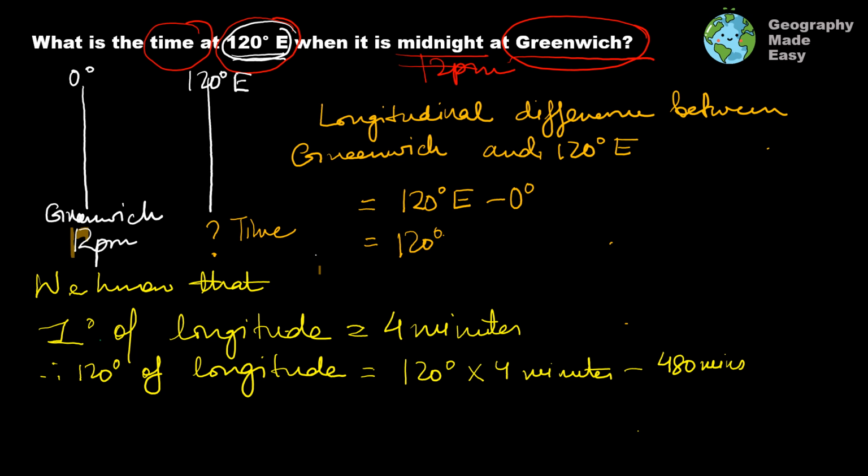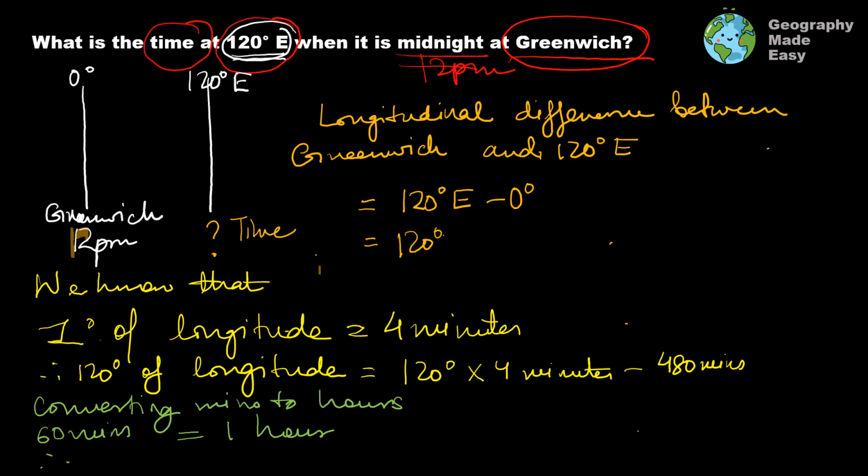Now we convert this into hours. I'm changing the color of the pen. Converting minutes to hours. So we know that 60 minutes is equal to 1 hour. Therefore, 480 minutes is 1 by 60 into 480.